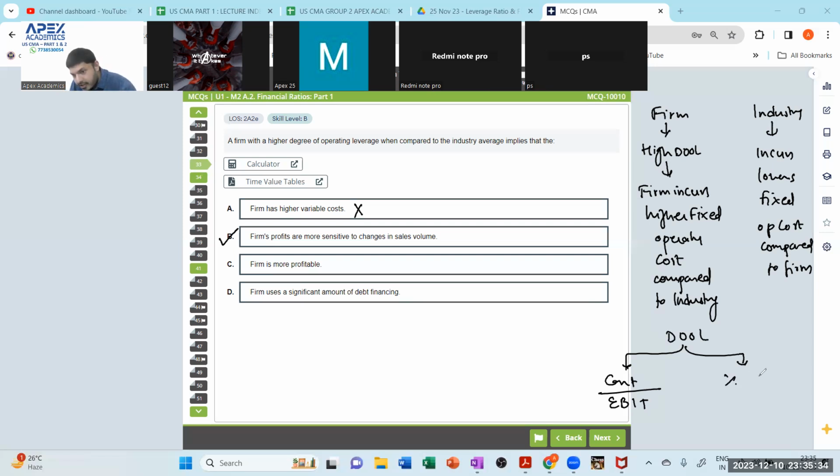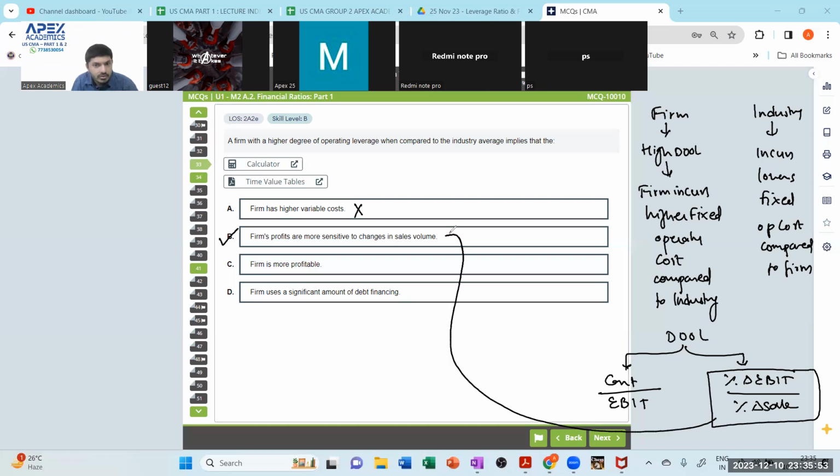It is percentage change in EBIT upon percentage change in sales. Therefore, it is more sensitive to changes in sales volume. Means if sales change a little bit, EBIT will change more. Yes or no? That is why this is your answer. Firm is more profitable: not necessary.